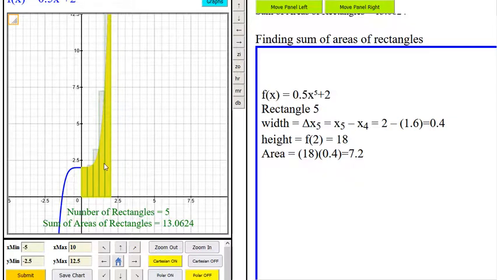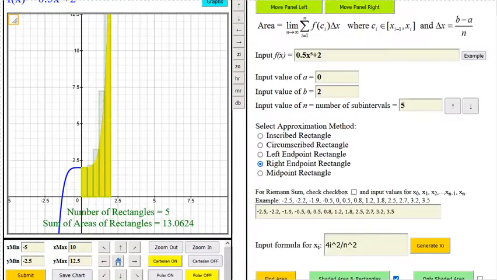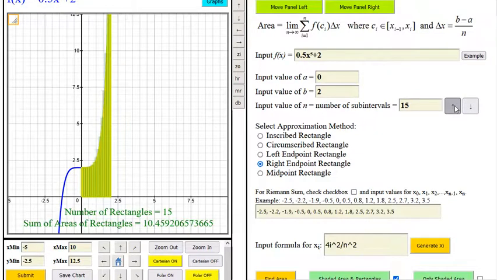And so now let's fill it up with more rectangles so we can get a better approximation of the area of the shaded region. This is 10 rectangles, and we get 11.06. And this is 20 rectangles, and we get 10.16. And then 30 rectangles.